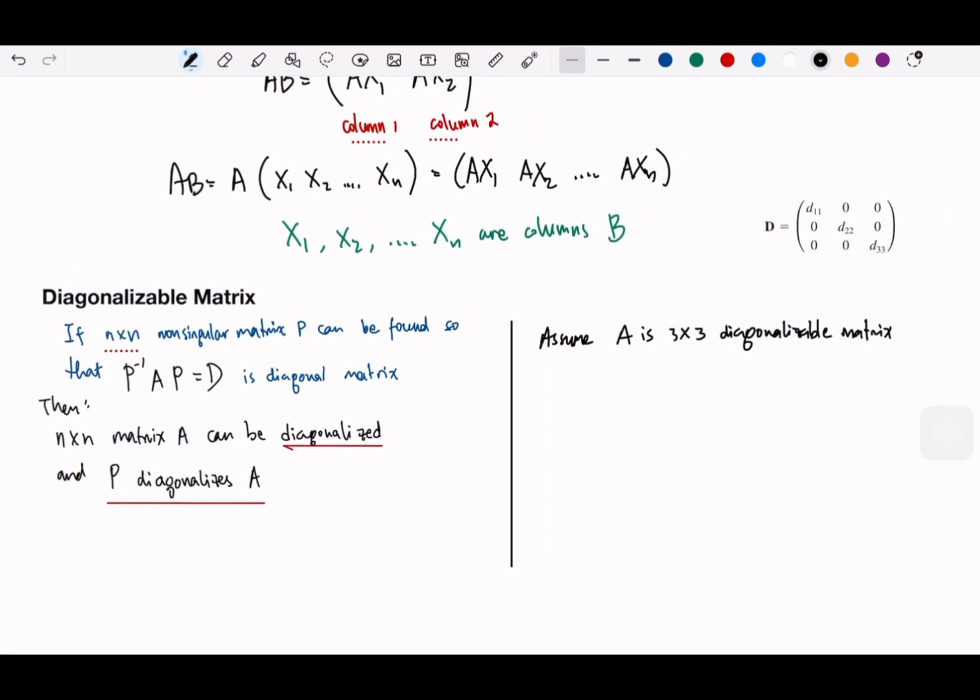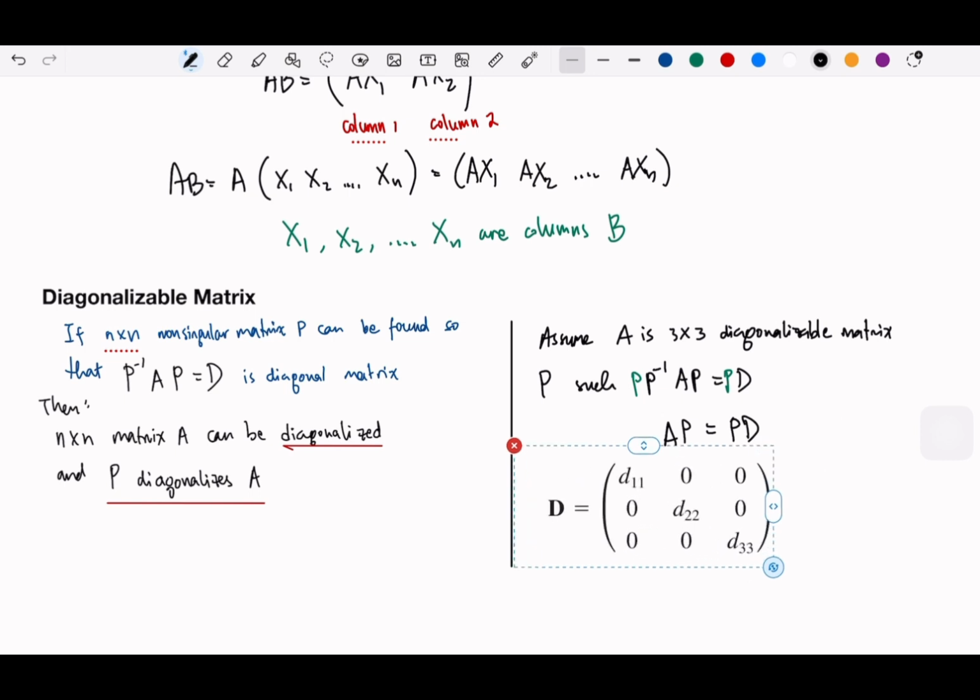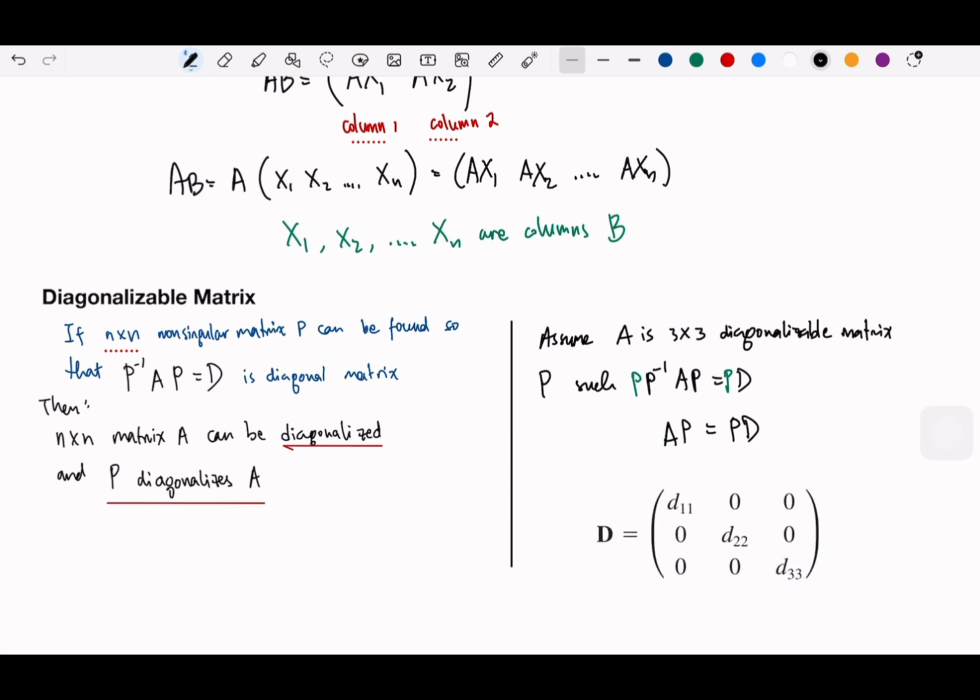So we need to find P such that P inverse AP equal D. And if we multiply on the left side with another P, then we need to find where AP is equal PD. Okay, and D will be written as this clear and nice diagonal matrix, which only has values on the diagonal.